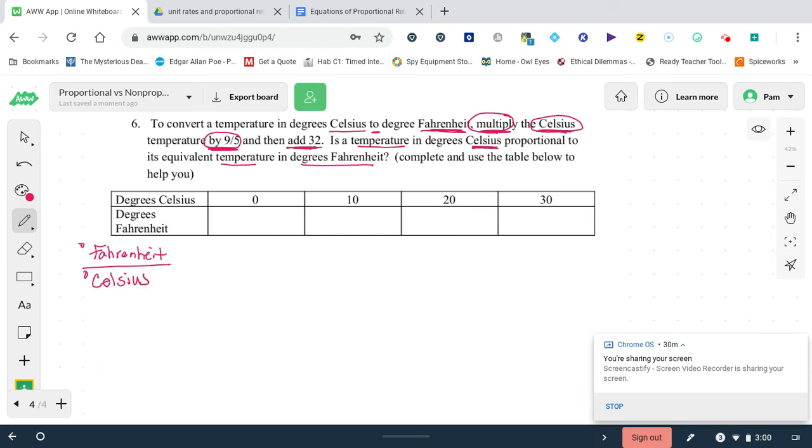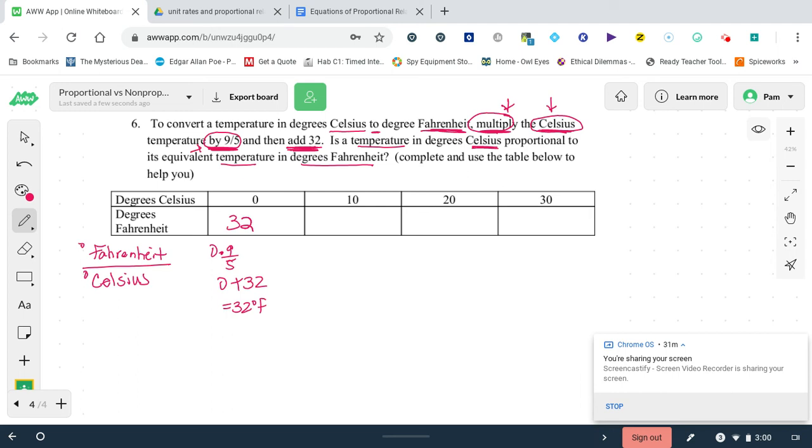So let's fill it out. Take your degrees Celsius and multiply it by 9/5. My degrees Celsius is 0. Well, 0 times 9/5 is just 0. Then you're supposed to add 32 to it. So we end up with 32 degrees Fahrenheit. If it's 0 degrees Celsius, it's actually 32 degrees Fahrenheit.